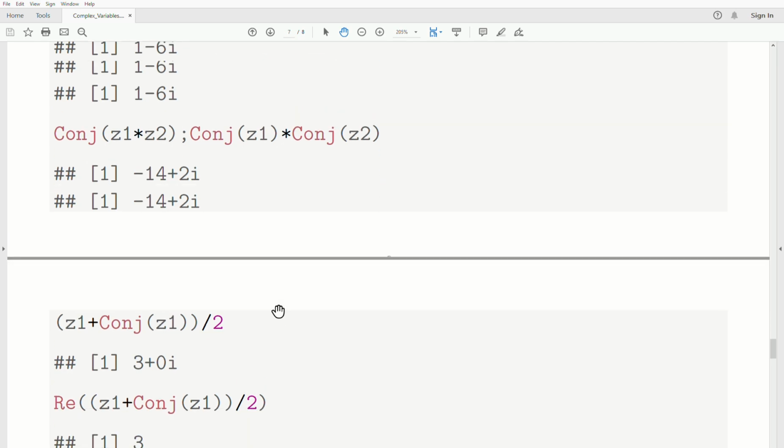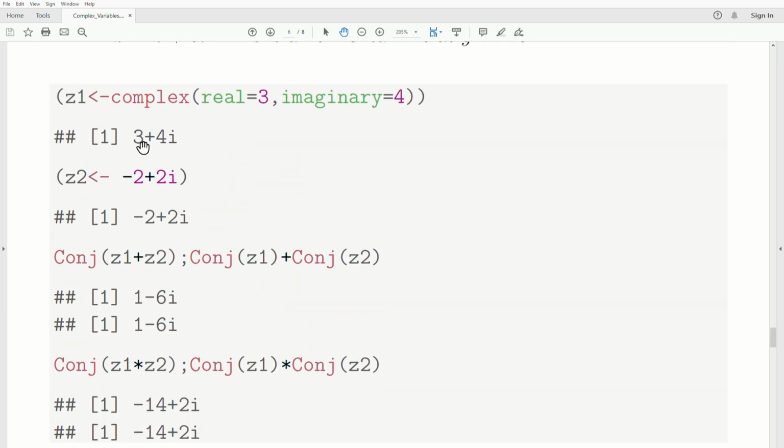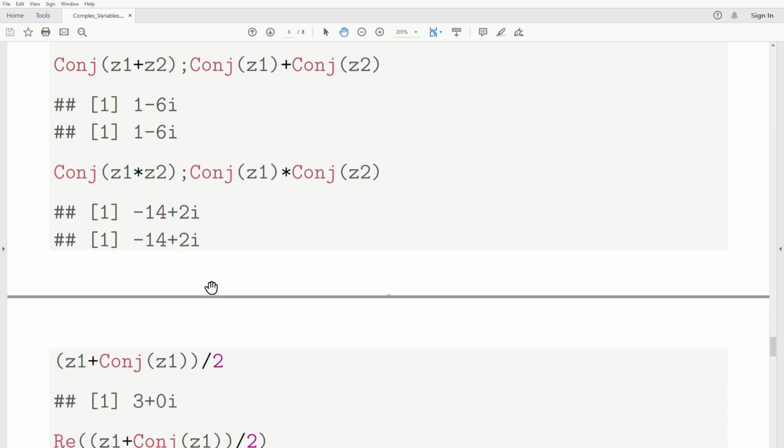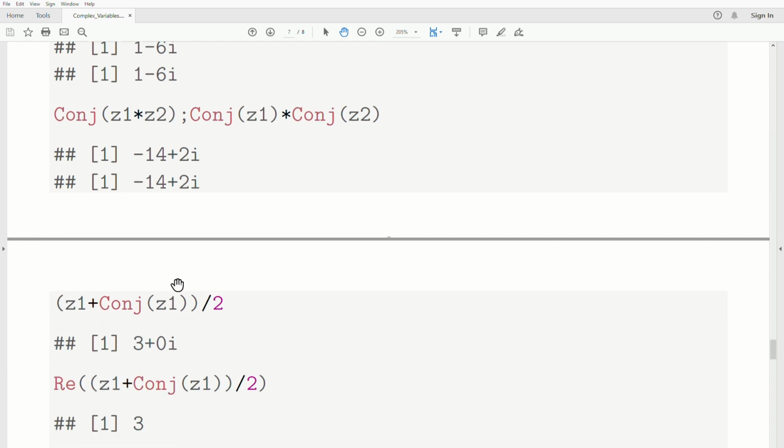Now I want to show you, with Z1 being 3 plus 4i, how to grab the real component: use this formula, and notice that it is 3 plus 0i, which is the real number 3, but R tries to keep it in complex form. If we just grab the real component of this, of course it's 3.